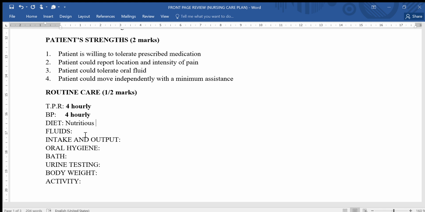Then we come to IV fluid. Under the IV fluid, you can have nutritious diet here. I don't want to state more to confuse you. For fluid, you could have Libra.